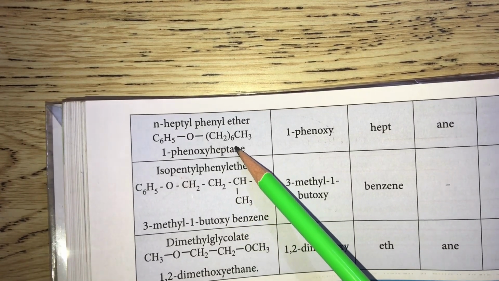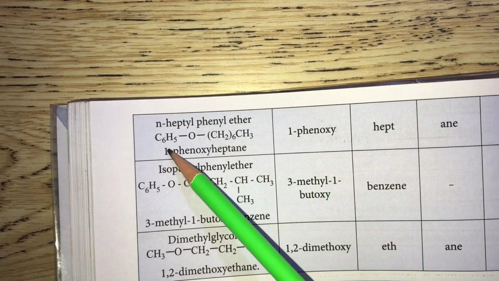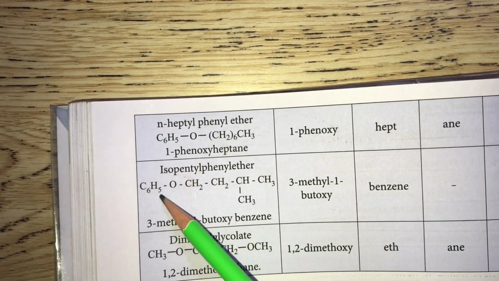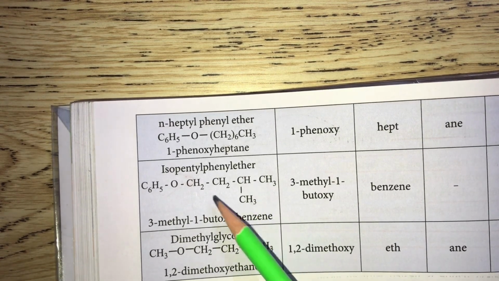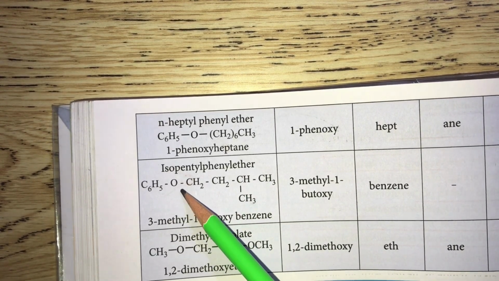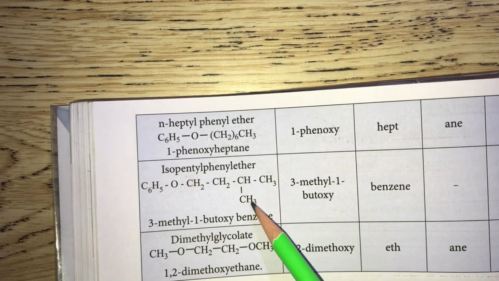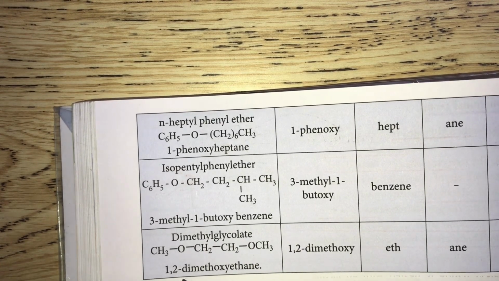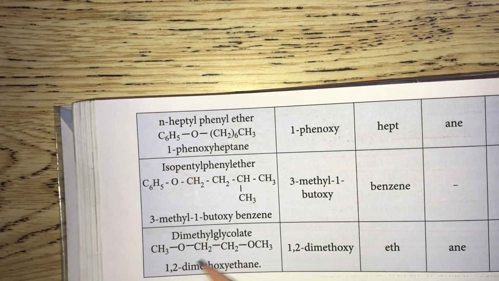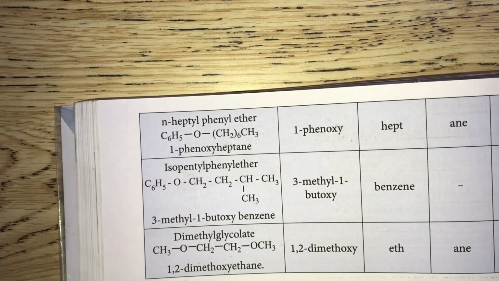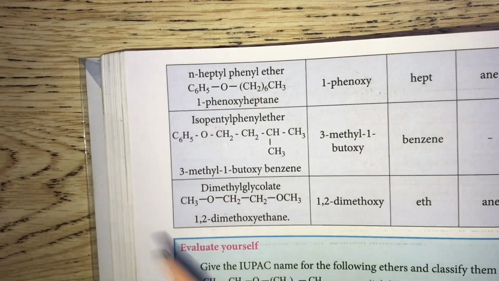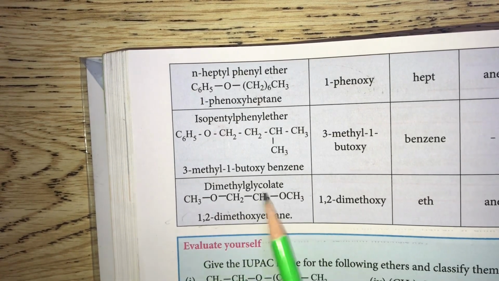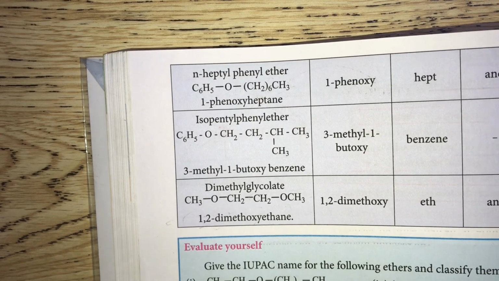By counting the number of carbon atoms: heptyl phenyl ether, phenoxyheptane; isopentyl phenyl ether, 3-methylbutoxybenzene; and dimethyl glycol, 1,2-dimethoxyethane, where two methoxy groups are present. So this is the method of naming ethers.